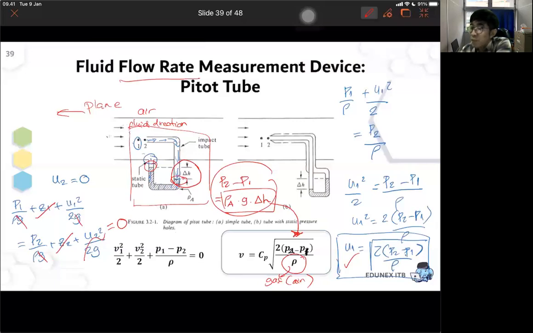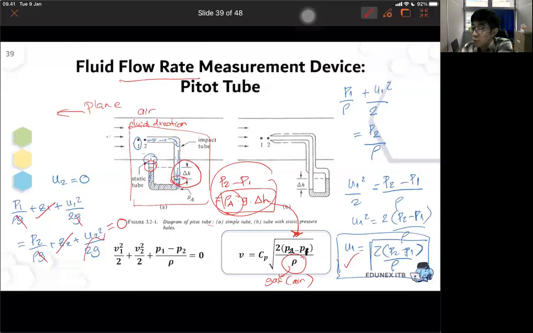How the pitot tube can calculate the flow rate or the velocity is by using this phenomenon, by applying the Bernoulli equation, and then you find the correlation between the velocity of air as a function of the pressure difference. Pressure difference can be calculated by calculating the height difference in the manometers by using the hydrostatic equation, rho g delta H. But the rho here is the rho of the liquid inside the manometers.